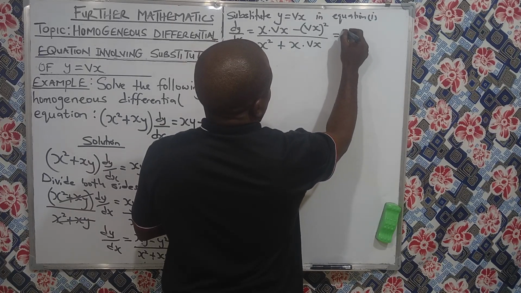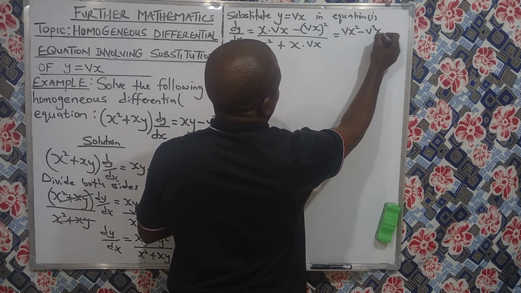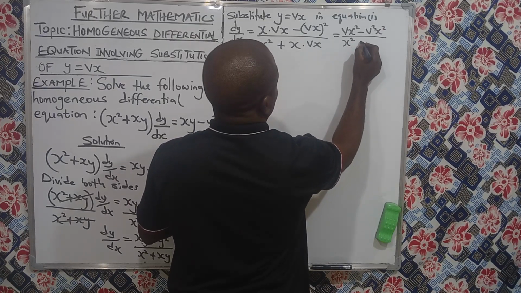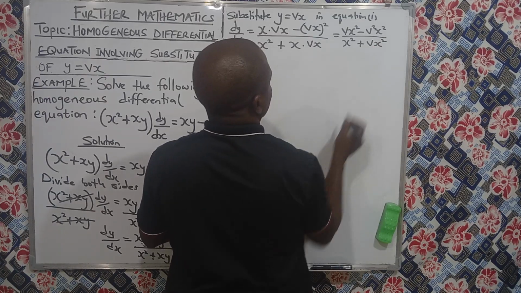Now it becomes vx squared minus v squared x squared divided by x squared plus vx squared.